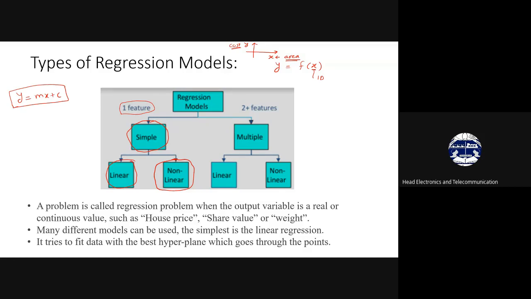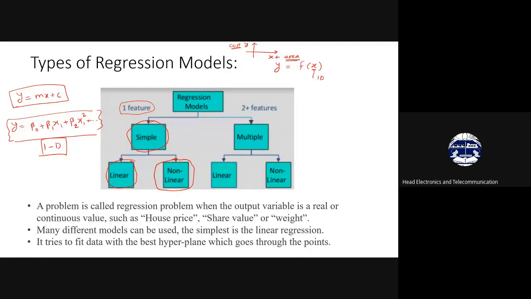If the relation is not a straight line, maybe a non-linear thing, then y may be some, let us say, beta 0 plus beta 1 x1, maybe beta 2 x1 square, and so on. So this is also possible. So you can assume a proper model as per your data. That is the challenge, which one you will use. So this is about one dimension. When the case is one dimension, you have this kind of options.